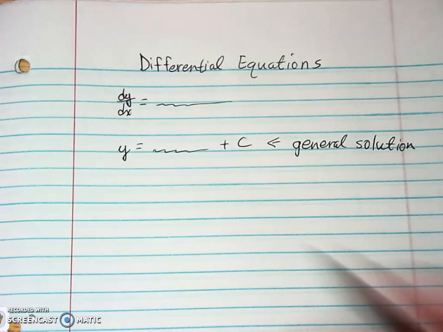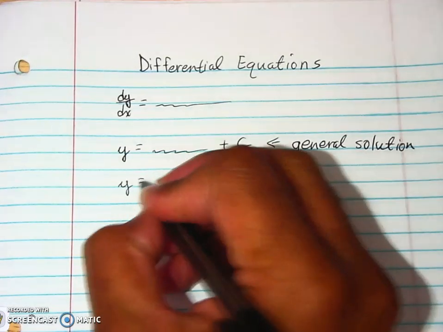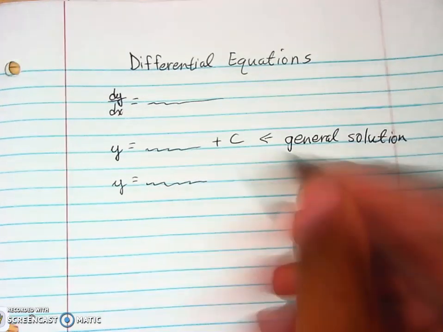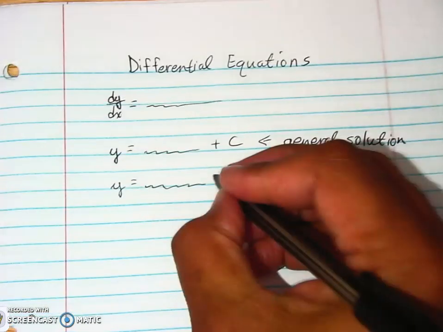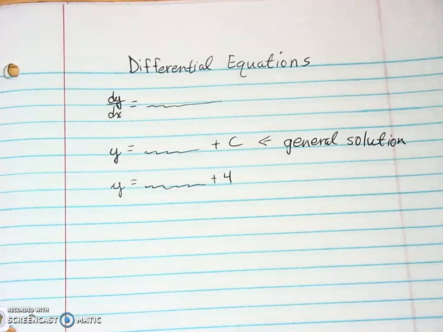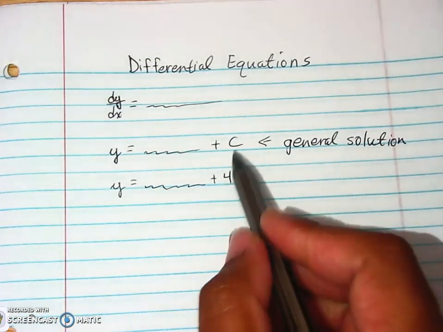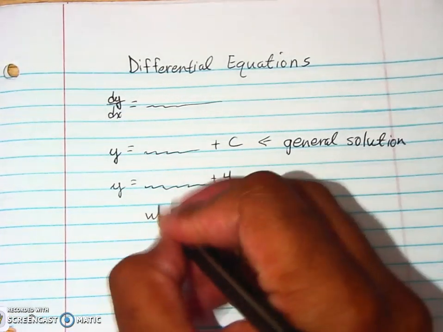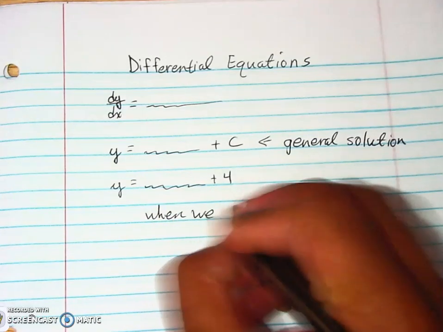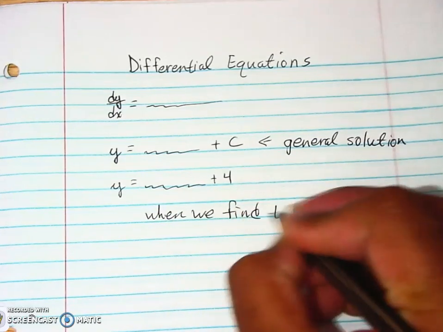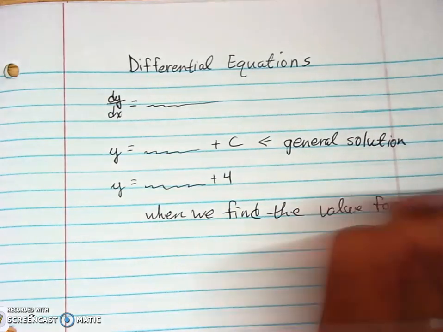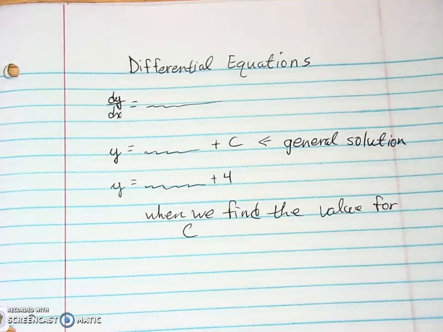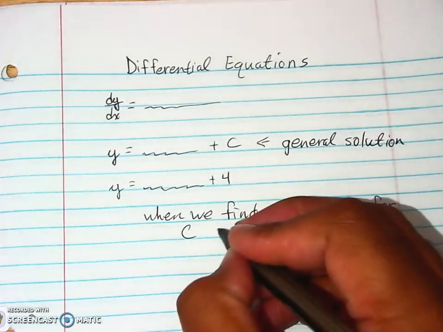Now, whenever we find out, okay, we have y, we have all of this going on, and let's say, for example, just for an example, not that this is always going to happen, the answer is plus 4. Whenever we actually find a value for c, we say that is our particular solution.